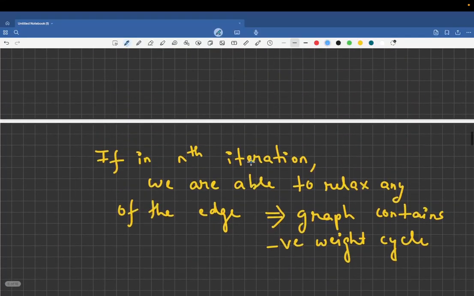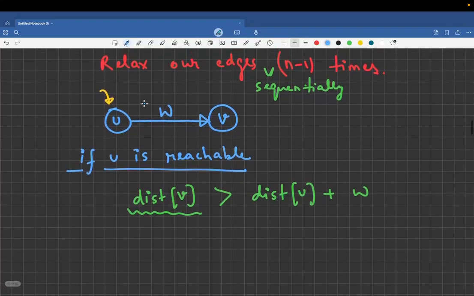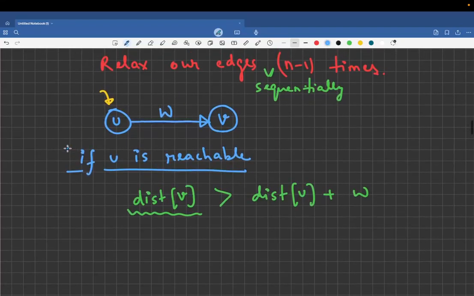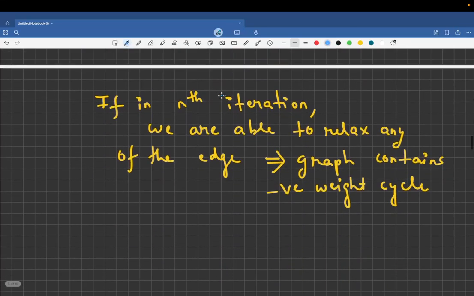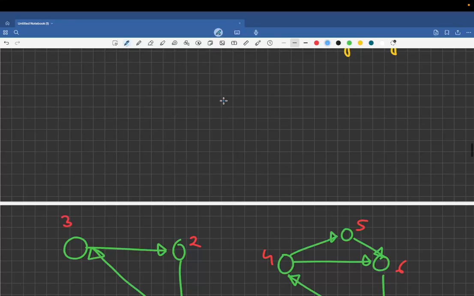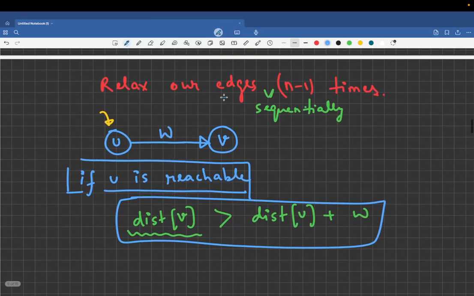So if from conventional Bellman-Ford, you remove this condition whether U is reachable or not, and you are able to relax your edges in the nth iteration, this means that the graph contains the negative weight cycle. Many people explain it in many different ways, but this is actually how things work.